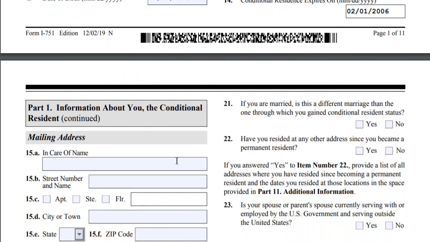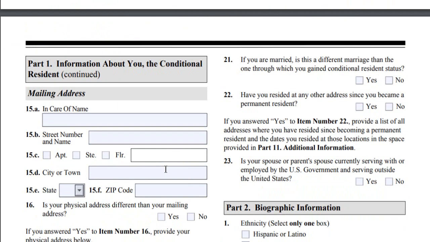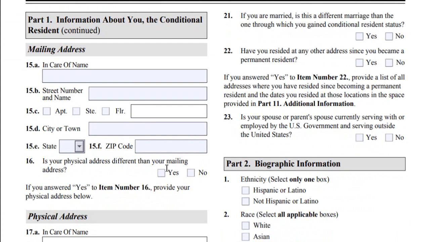So we continue to fill in Part 1. Now we're on the second page. Mailing address. You will put the care of name if it applies to you, street number, apartment, suite, floor, city or town, state, and zip code.